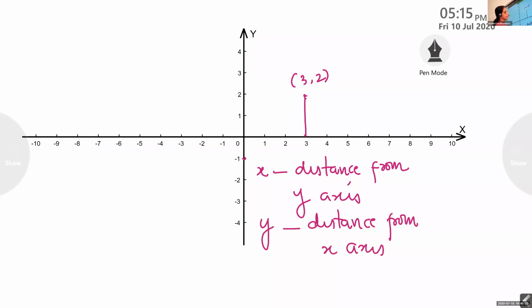X-coordinate is the distance from the y-axis and y-coordinate is the distance from the x-axis.